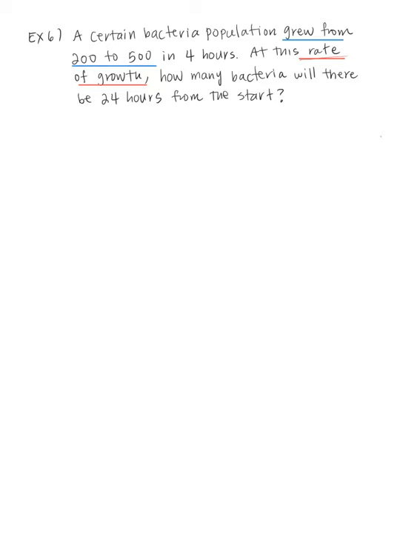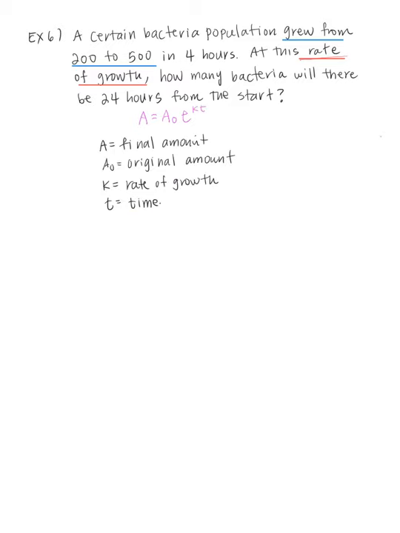First, we're going to be using this formula, A equals a sub 0 e to the kt. Let's recall that A is the final amount, a sub 0 is the original amount, k is, in this particular problem, the rate of growth, so k better be positive, and t stands for time.